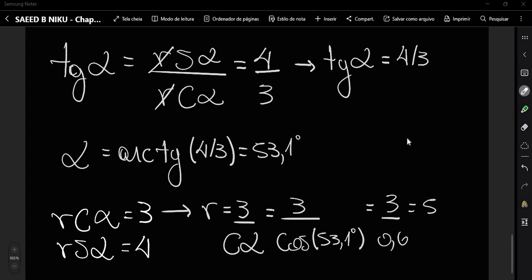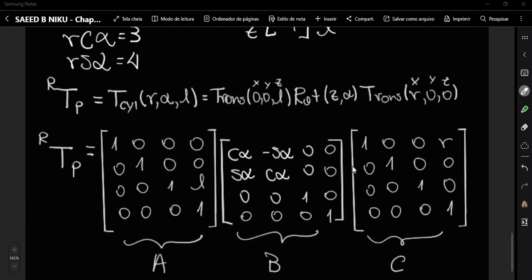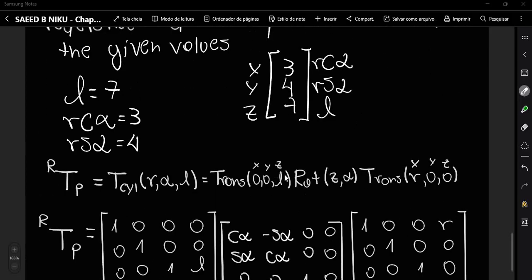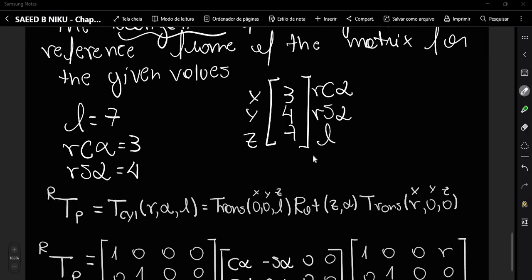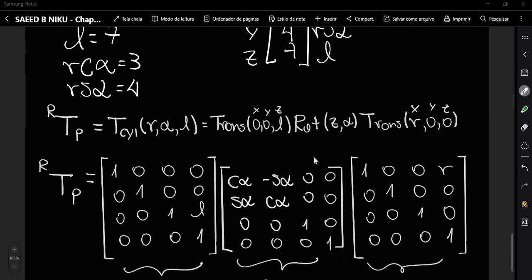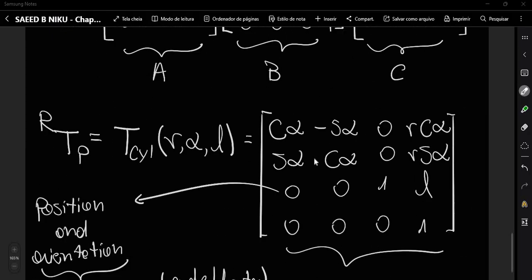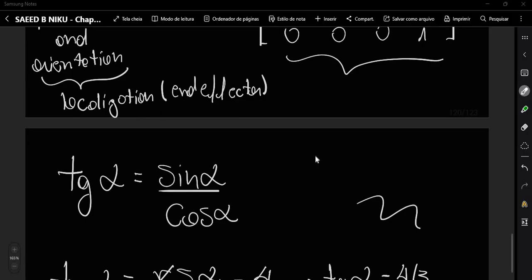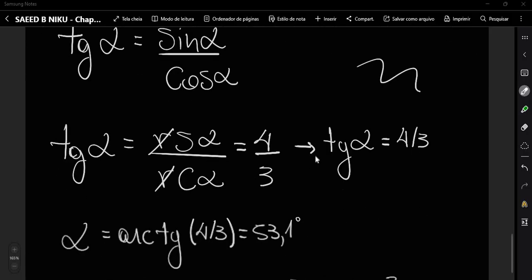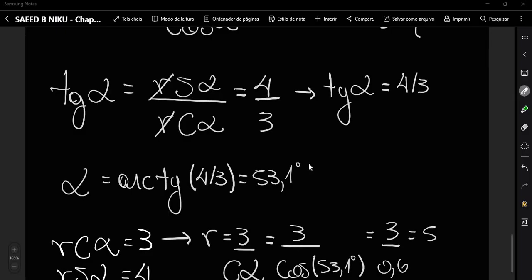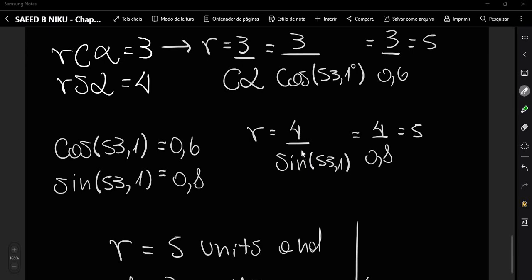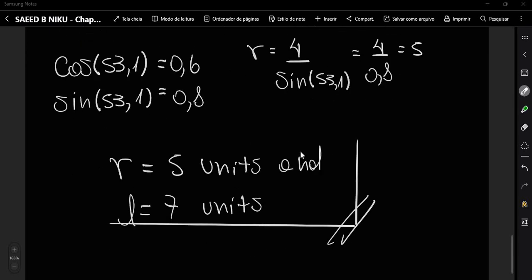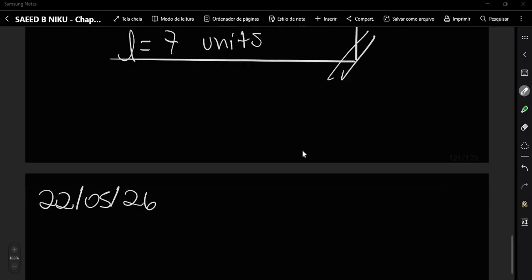Okay, welcome back. In the last video, we were solving this example about Cartesian coordinates. As I already mentioned, I'm using two versions of this book, Introduction to Robotics: a Portuguese-language version, which is the second edition, and an English-language version, which is the third edition.